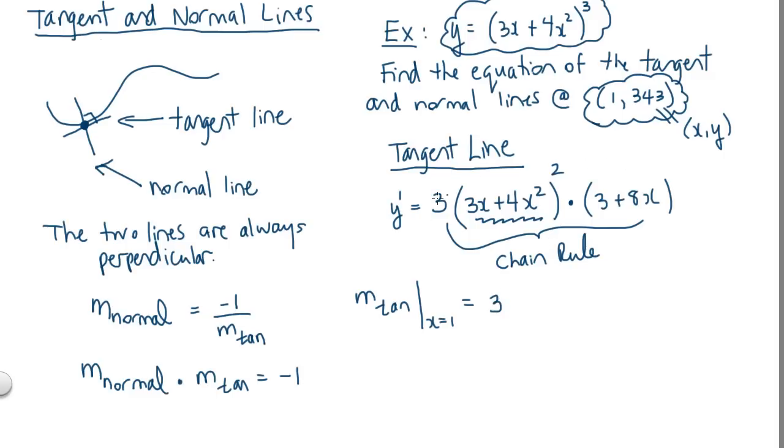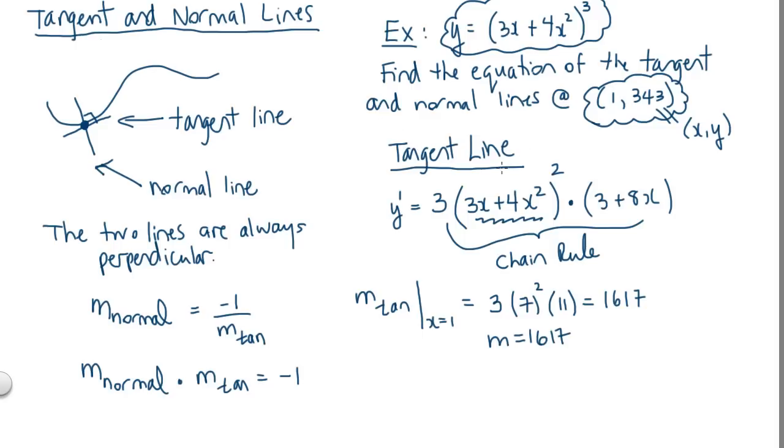We can do a little bit of intermediate work here. We'd have 3 times 7 squared, from that bracket there, times 11. I've already calculated some of these values in advance. You can pull out your calculator and confirm that you get these values as well. So I got 1617.